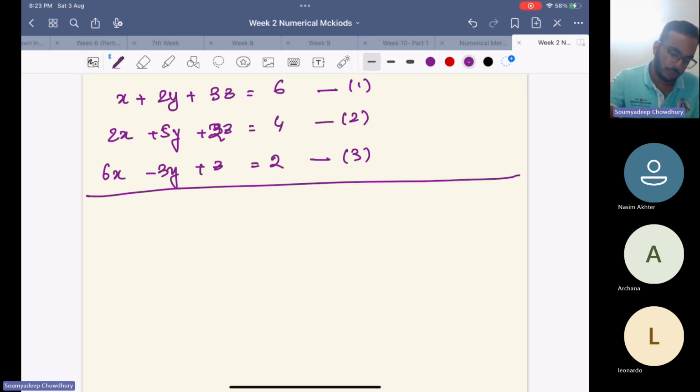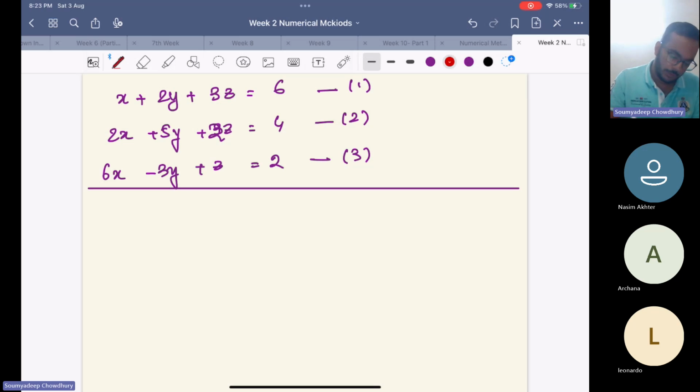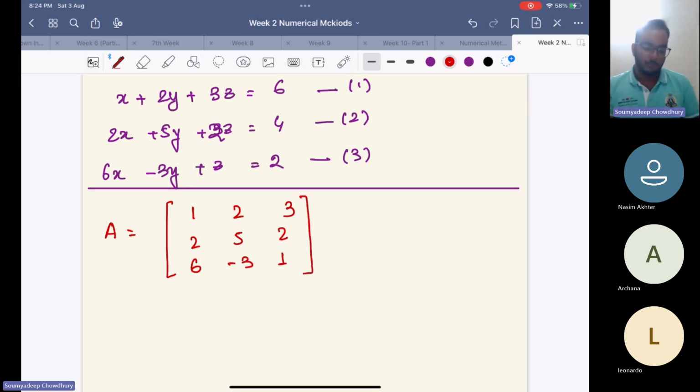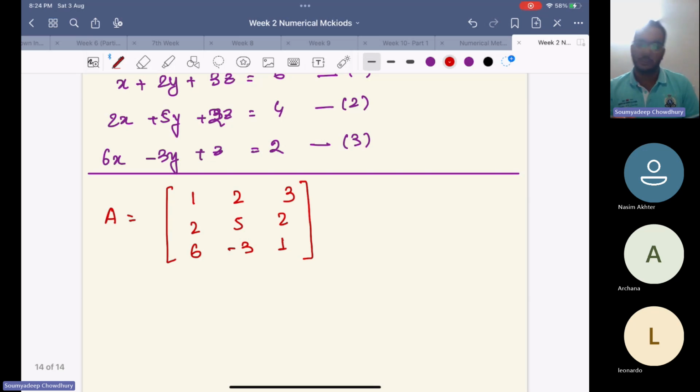First I will see what my coefficient matrix is. A is basically 1, 2, 3, 2, 5, 2, 6, minus 3, 1. Here we have to decompose this A matrix into its equivalent L and U such that L and U multiplied will give me A.